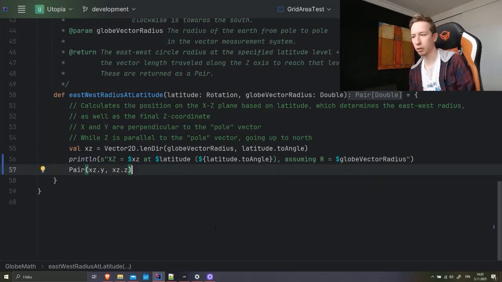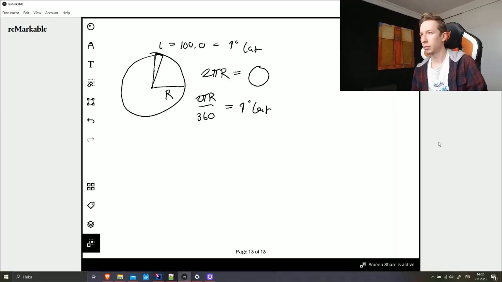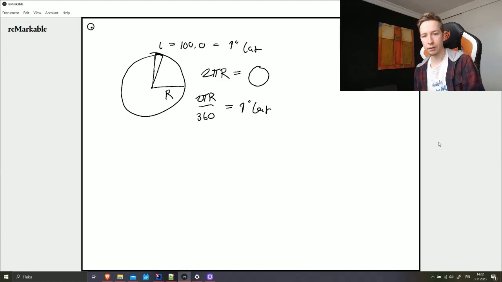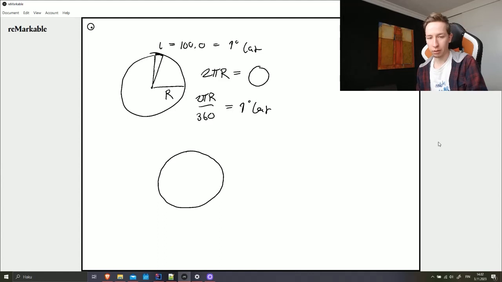Okay, so let me show what's going on. What's the xz anyway? We're assuming a circle here. Then we have this is 0 degrees latitude. This is 90 degrees latitude going north, and this is 45 degrees. Let's say this is our latitude. So we're using the length direction function.